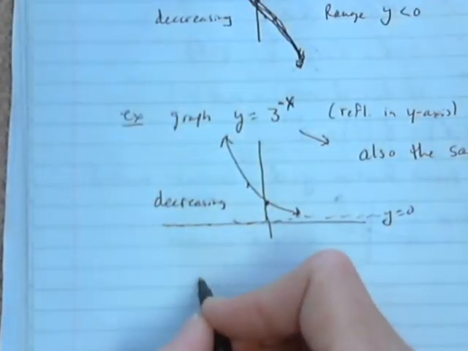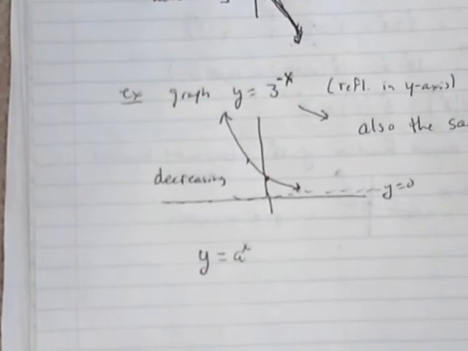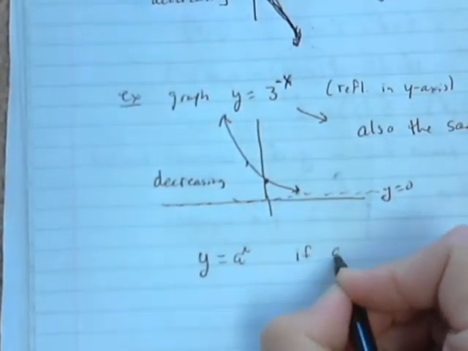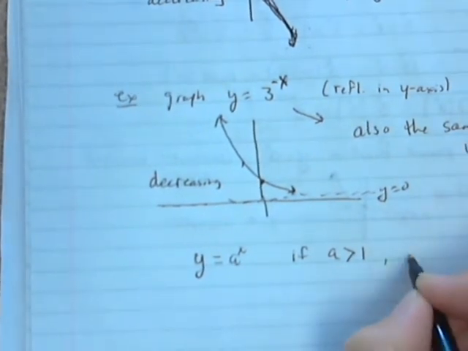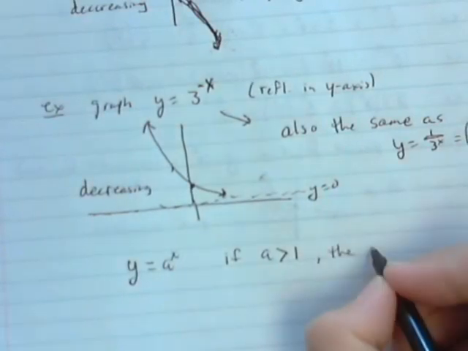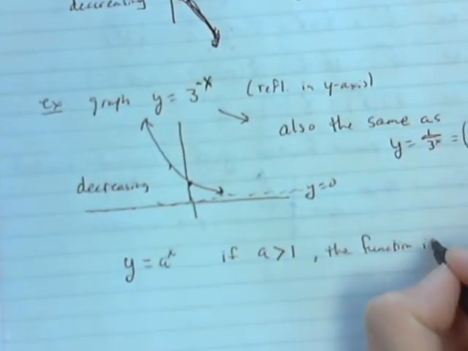All right, if you have y = a to the x power, the difference between increasing and decreasing graphs is that if a is greater than 1, then the graph increases, or the function is an increasing function, which means the graph goes up.